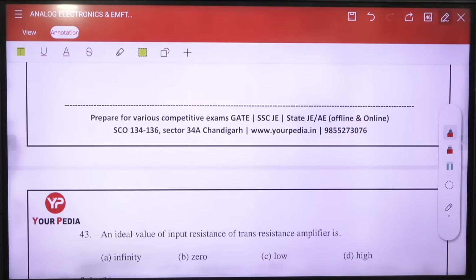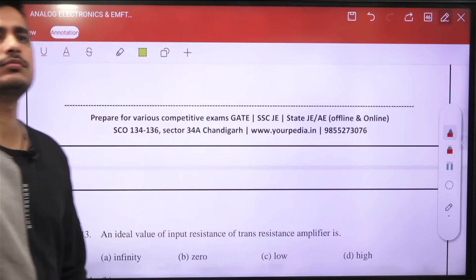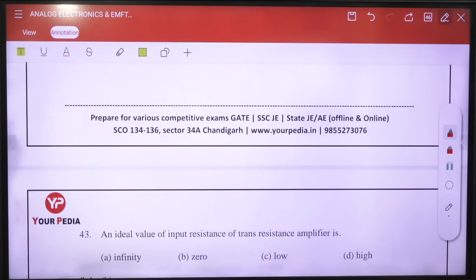Ideal value of input resistance of a transresistance amplifier.